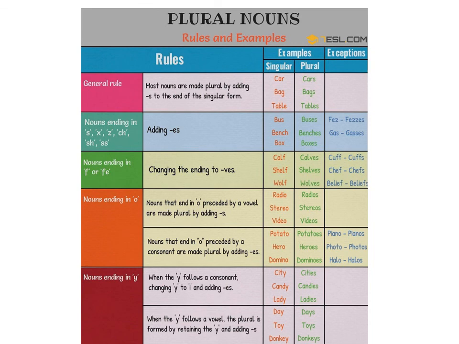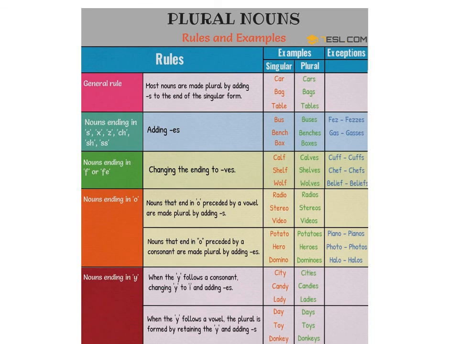While nouns ending in f or fe, we change the ending to ves. We remove the f and then change it to ves. And then nouns ending in o, if that o is preceded by a vowel, we need to add s. But if that o is preceded by a consonant, we need to make it plural by adding es.